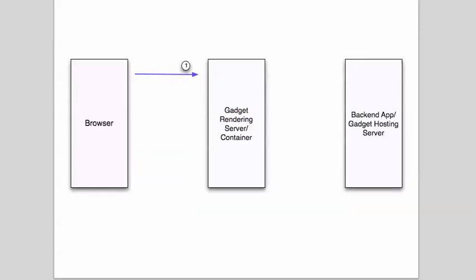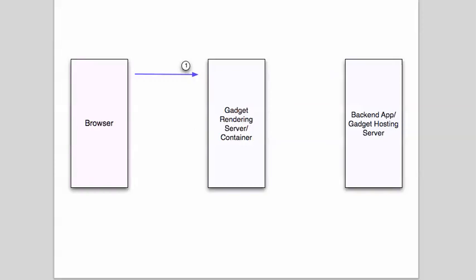Now let's take a look at how the pieces of OpenSocial all work together. The interaction begins when the client browser wants to show an OpenSocial app. It makes a request to the OpenSocial container, which in the Studio's model is the same server as the gadget rendering server. The container acts as a proxy for the gadget hosting server, which contains the gadget XML.